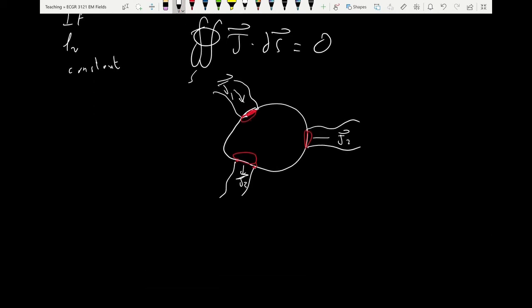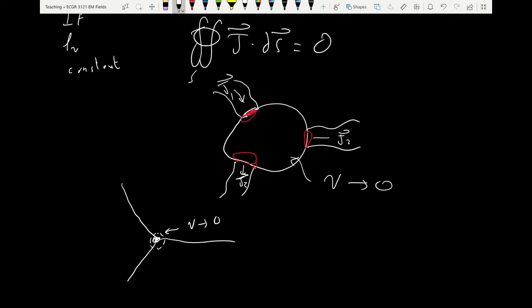What happens in circuits is that we take this surface and volume to be approaching 0. So we consider a node, and we consider the current lines coming in, and this volume is considered to be 0. V approaches 0, right?